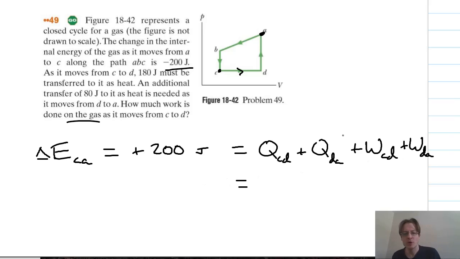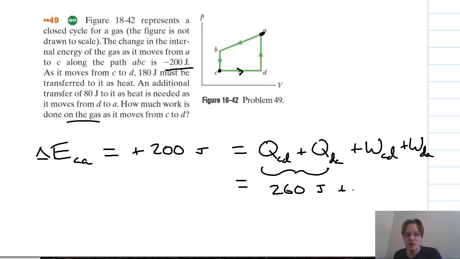Okay, so what do I know about these things? Well, QCD is given. It's 180 joules. D to A is also given. It's an additional 80 joules. So those together combine to give 260 joules of heat to make the gas expand and then to pressurize the gas at constant volume. Both of those require putting a burner under it to warm it up.